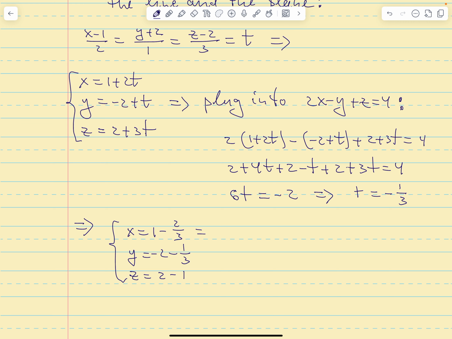So x is 1/3, y is minus 7/3, and z is 1. So the answer is the point (1/3, minus 7/3, 1).